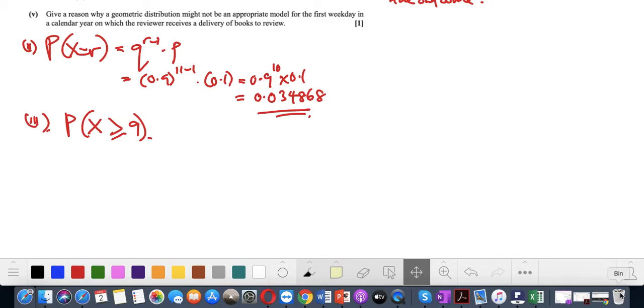So for not reviewing, the formula is q to the power of r minus 1.